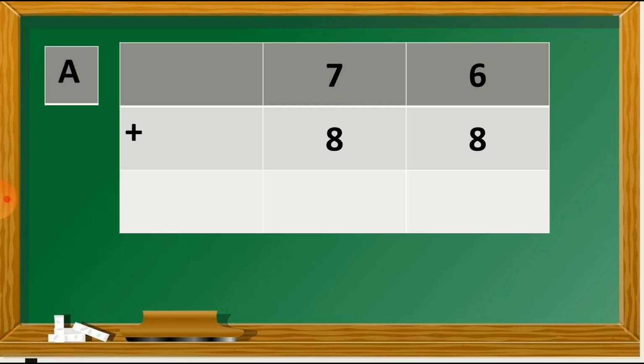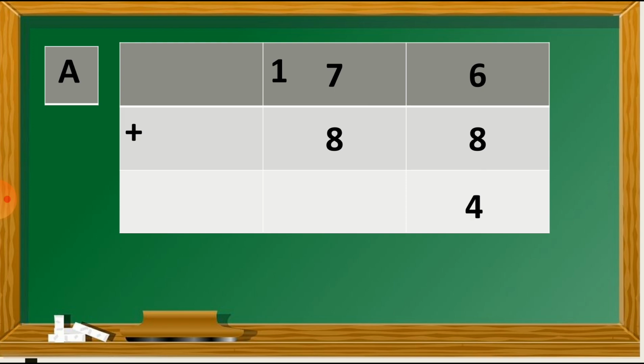Here is number A. In sum number A, 6 plus 8 is the ones column. So 6 plus 8 is equal to 14. So we have to write down 4 under the ones column, and the other 1 will move as a carry forward number. So we write 1 as a carry forward number on the tens column.